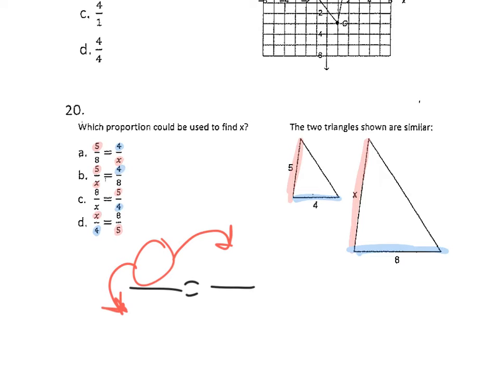And all of my 8s are also going to be blue. So you figure out which one of those is going to give you a side-to-side relationship and an up-and-down relationship. Keep in mind that this right here, well, we can call this, I don't know, figure 1 and figure 2, because that's also a relationship. 4 and 5 are related because they're both on figure 1. X and 8 are both related because they're both on figure 2.